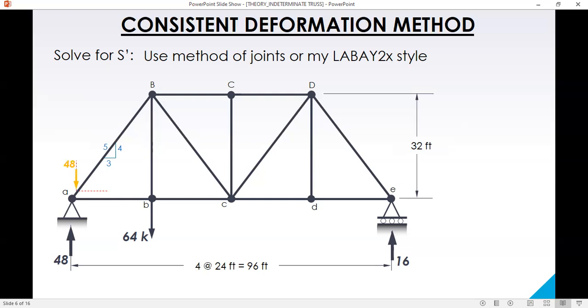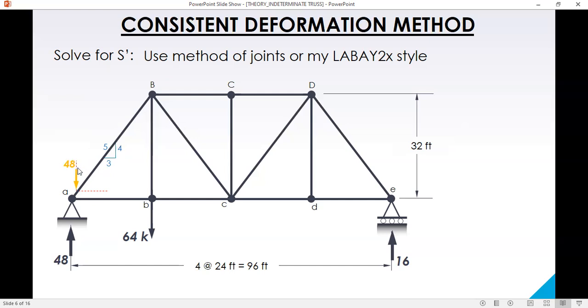Now, my way of determining the horizontal component as well as the magnitude is by ratio and proportion. For the vertical force, I will divide this one by the vertical value of this slope.